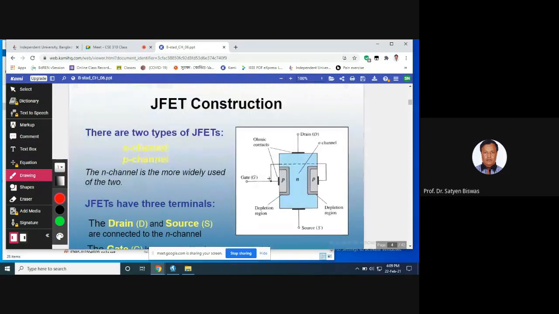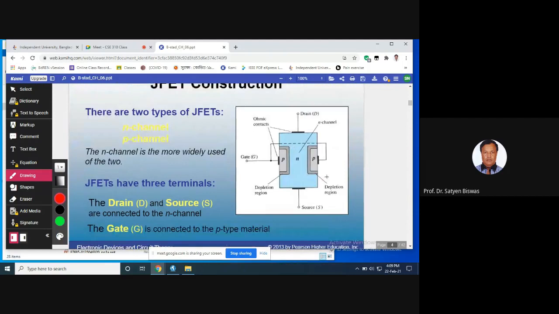So now you see how this FET is actually constructed. I'm drawing on top of this one using a red color. What is done? Initially, we take a rectangular piece of silicon, N-type. Understand?